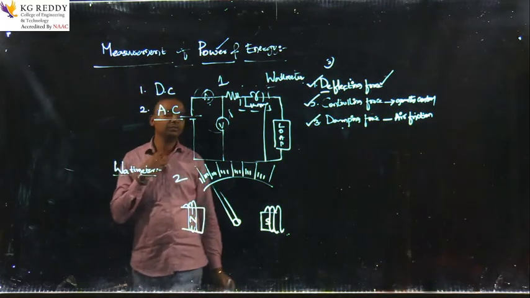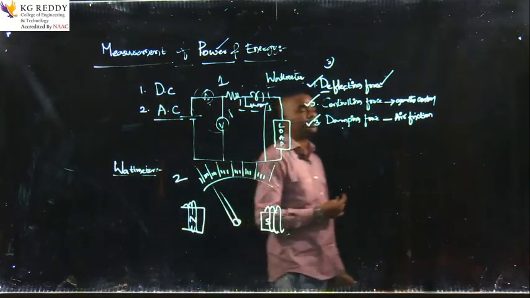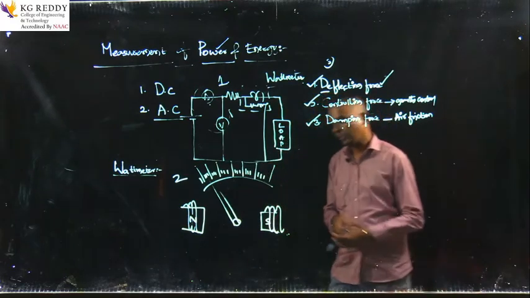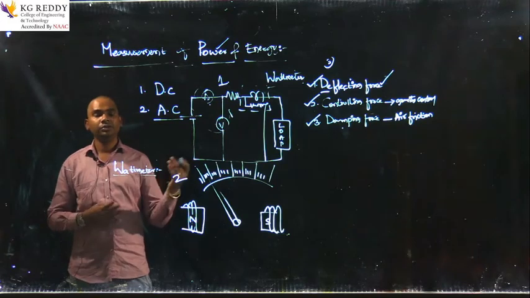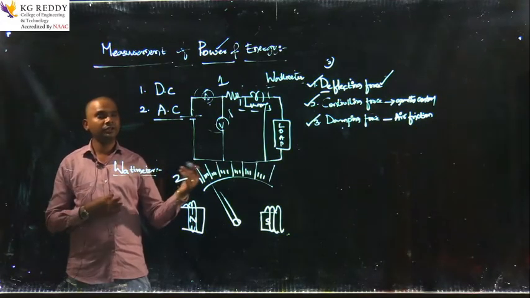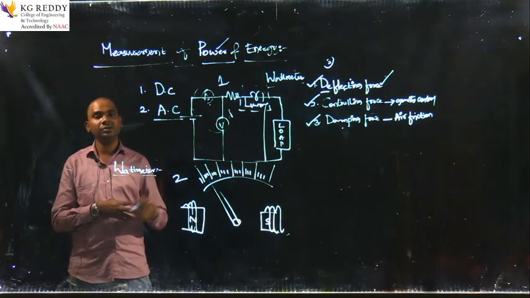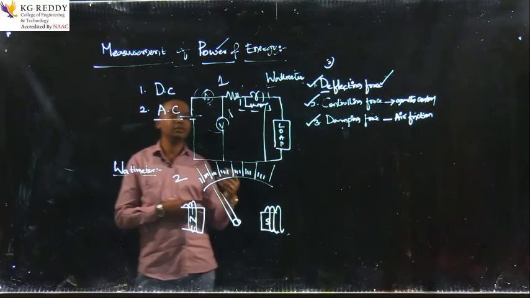For AC measurements, how are these done? For DC we have positive and negative terminals directly, but in case of AC we will have three phase supply, single phase supply and two phase.